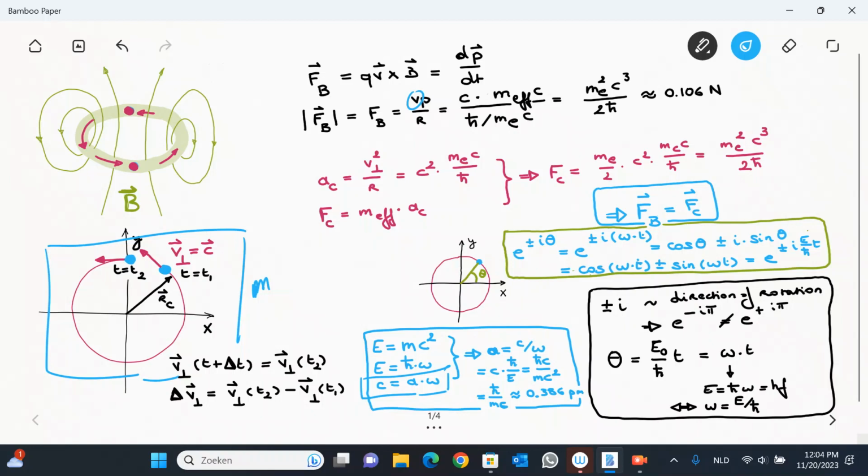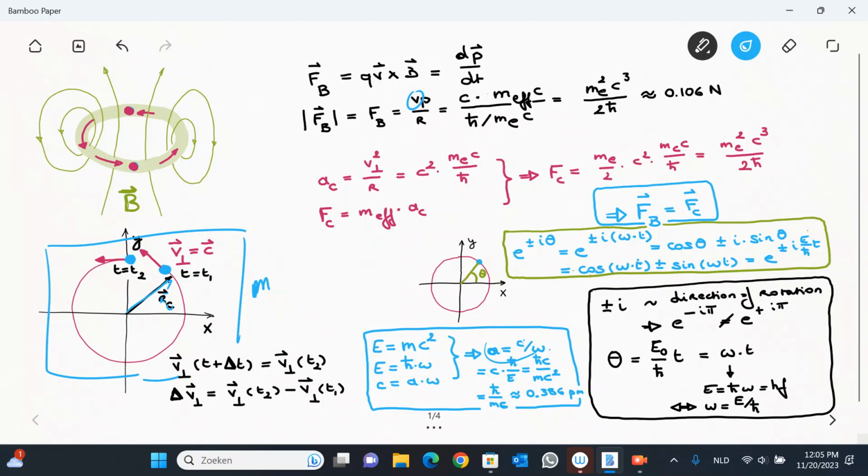Tangential velocity, when you have something going around, will be equal to the radius of the oscillation times the frequency. So from there, let's take this one and calculate backwards. There's a few ways of going about it. But the radius will be equal, and this is what we want to know, what is this thing here? The Compton radius. It will be equal to the tangential velocity divided by the frequency.